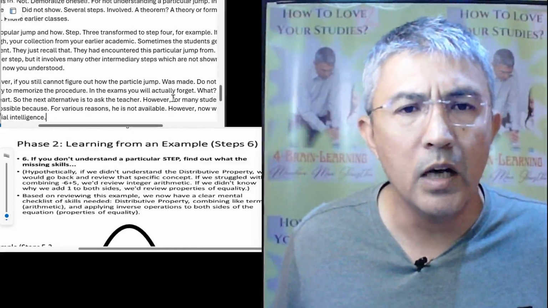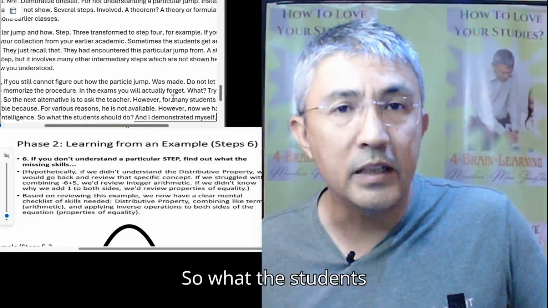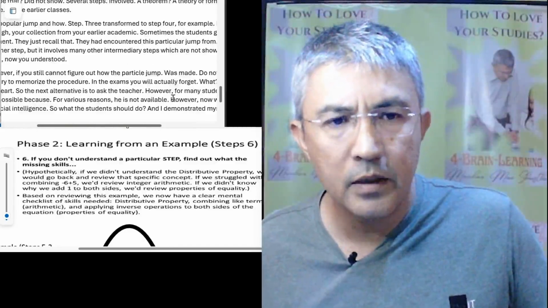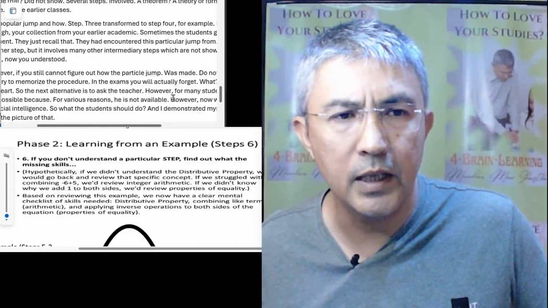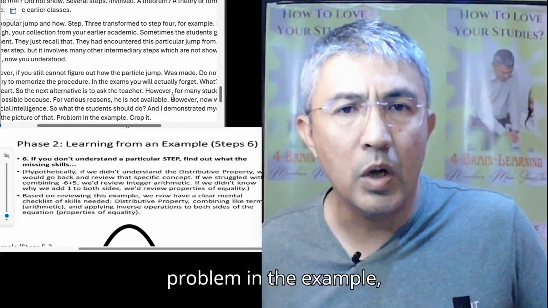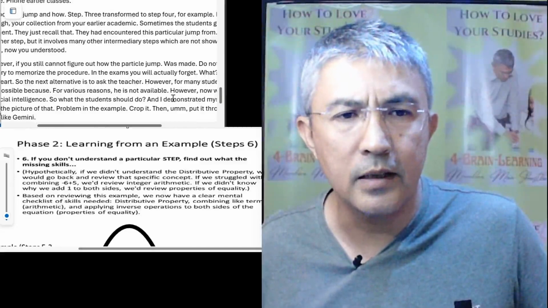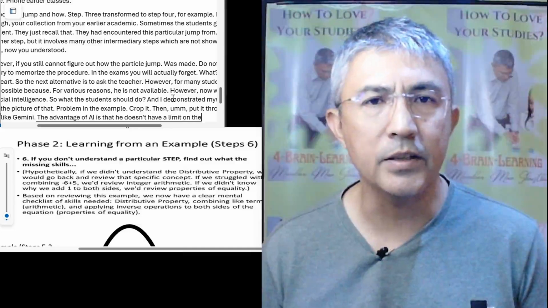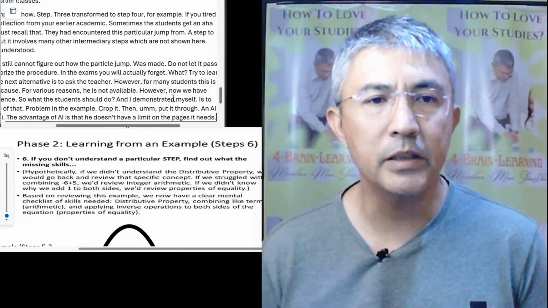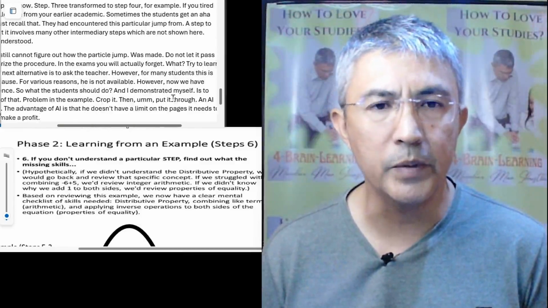However, now we have artificial intelligence. So what the students do, and I demonstrated myself, is to take the picture of that problem in the example, crop it, then put it through an AI chat like Gemini. The advantage of AI is that it doesn't have a limit on the pages it needs to print in order to make a profit.